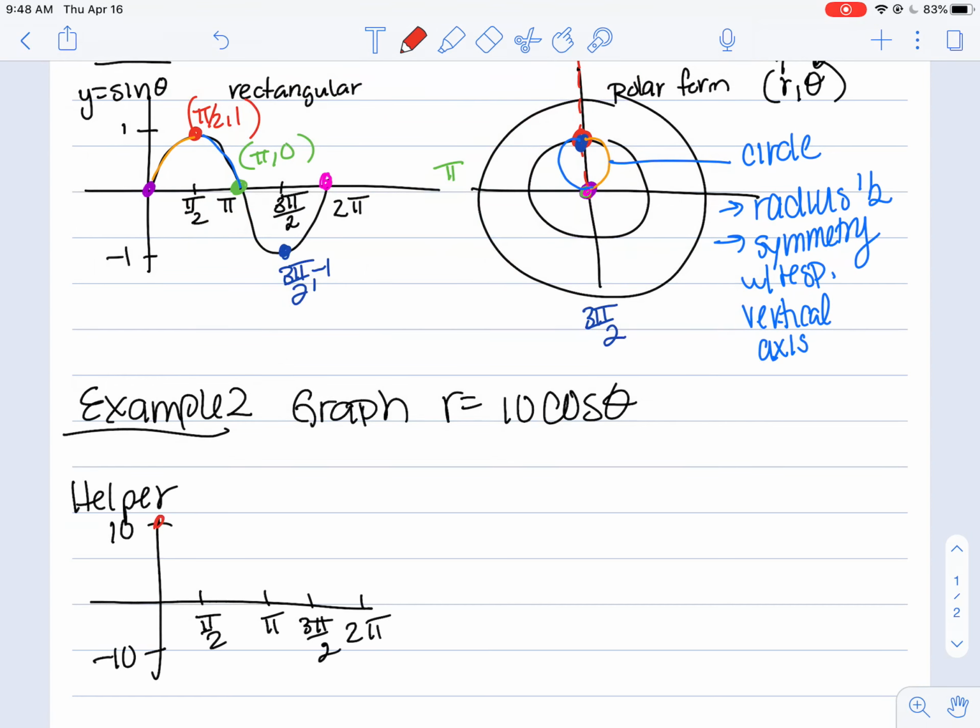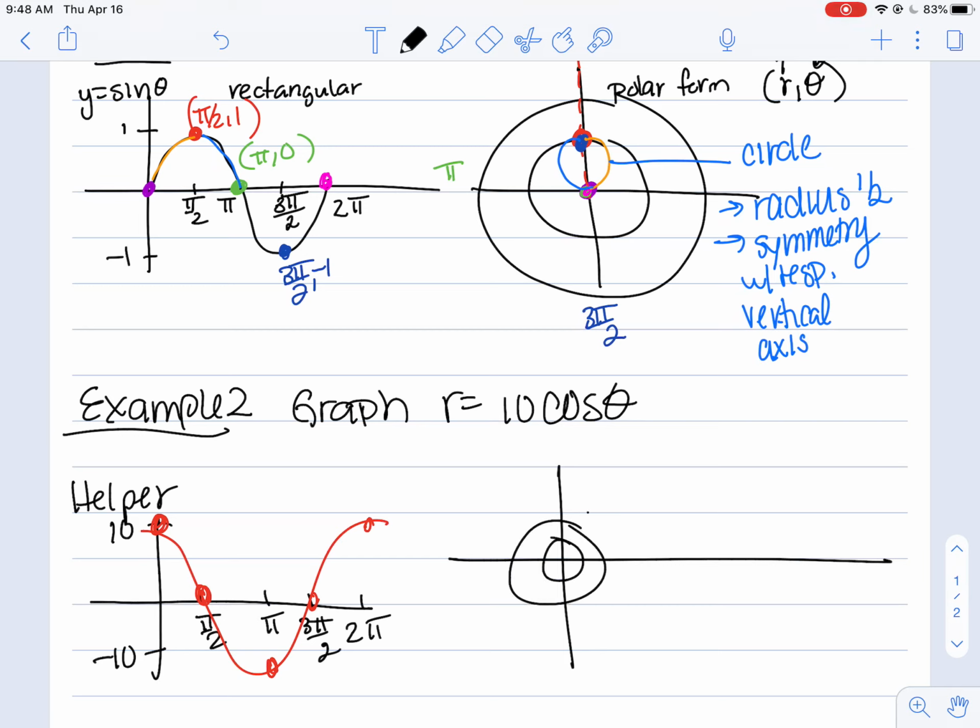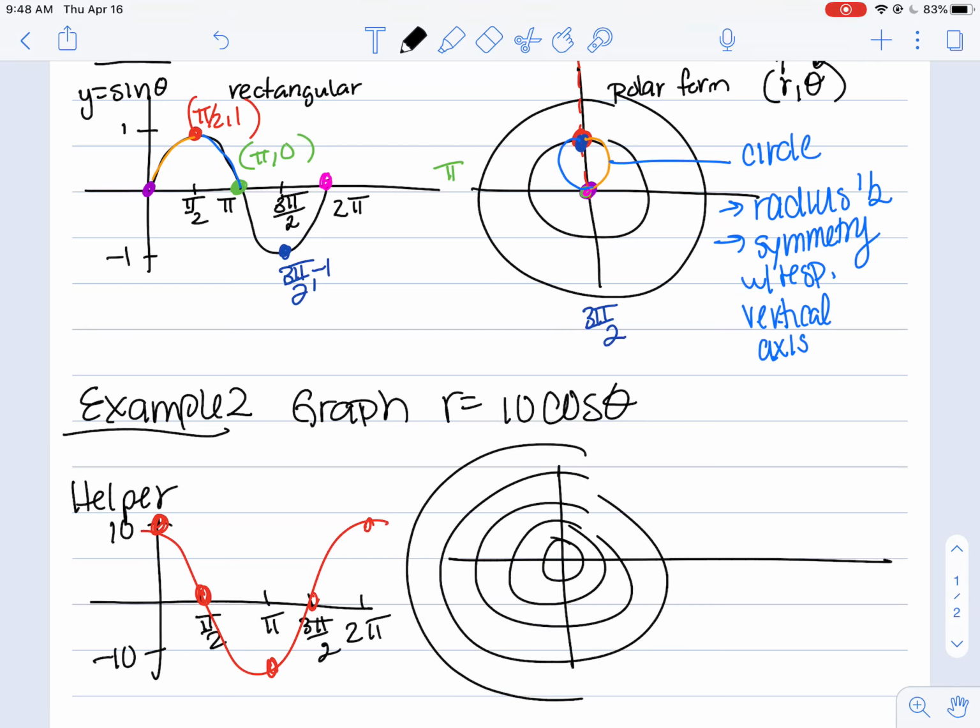In rectangular form, it starts at max, equilibrium, minimum, equilibrium, maximum. And I would take that and graph it in polar form. If my a value is 10, I'm going to need at least 5 rings. Actually, 10 rings.